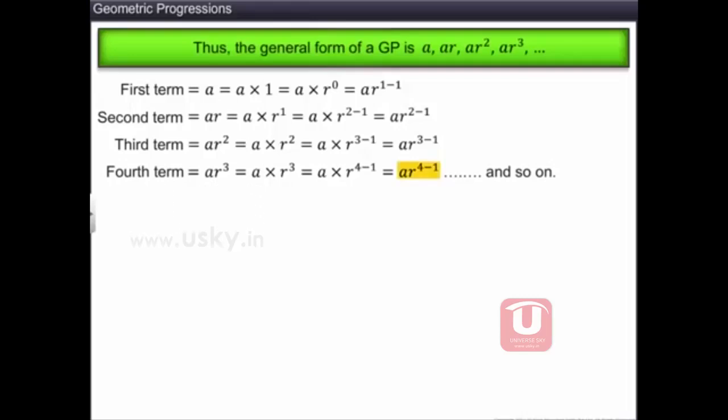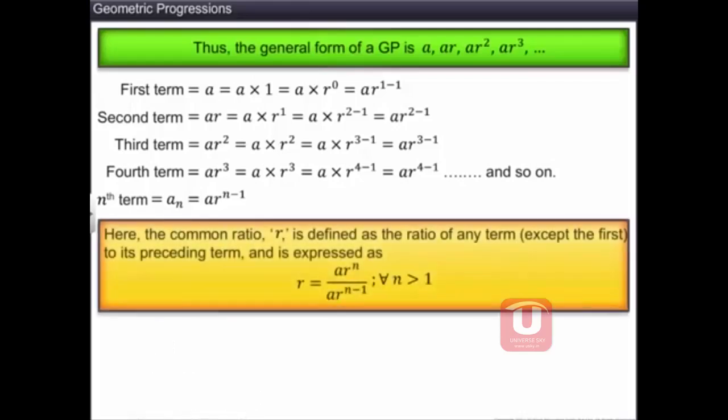Here the common ratio, r, is defined as the ratio of any term except the first to its preceding term, and is expressed as the n plus 1th term divided by the nth term for all n greater than or equal to 1.